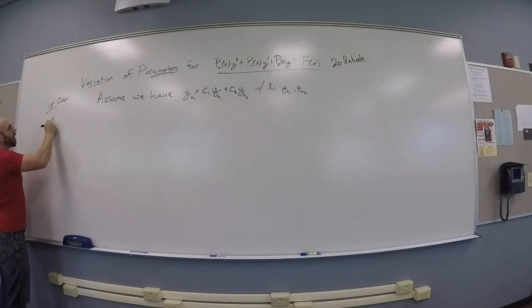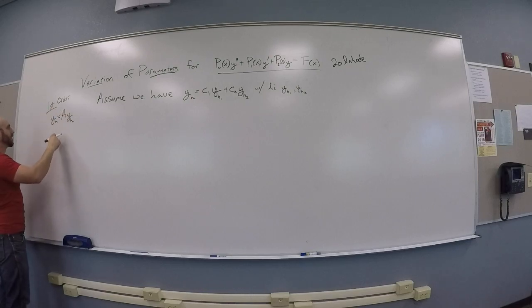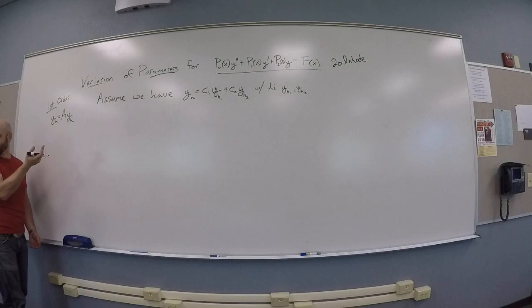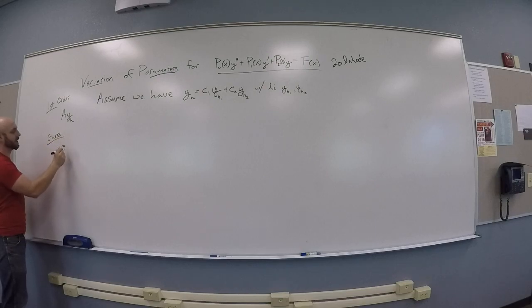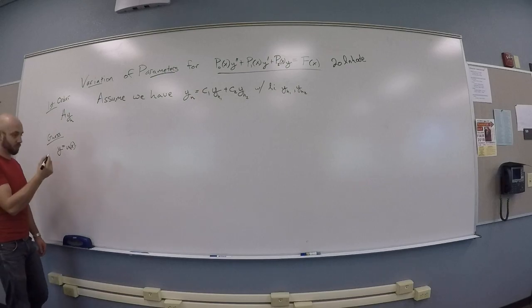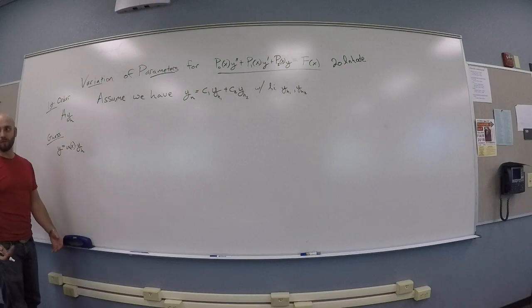I'd have y homogeneous as something like A times a function. You found the homogeneous solution, and then you guess y is some function u of x times y homogeneous. I'm going to do roughly the same thing.